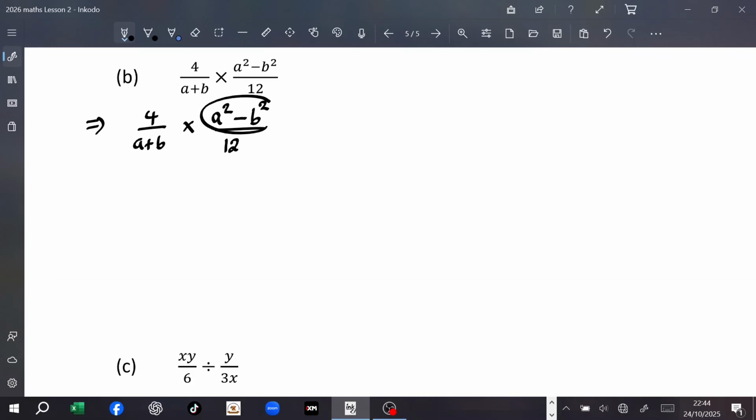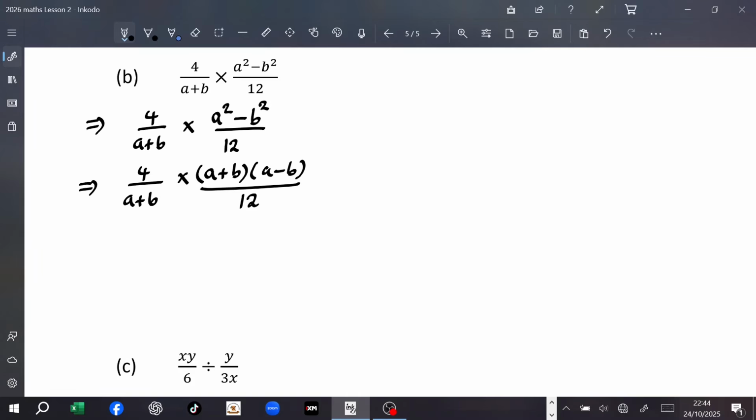So this one is a difference of 2 squares, so you simplify it further. Write it as it is, 4 over a plus b times this one on top. Now it will be a plus b, then a minus b, because it's a difference of 2 squares, then over 12.